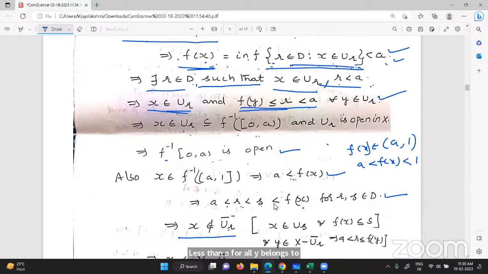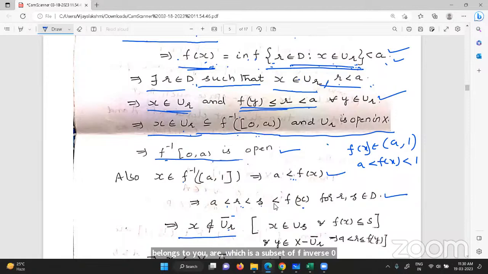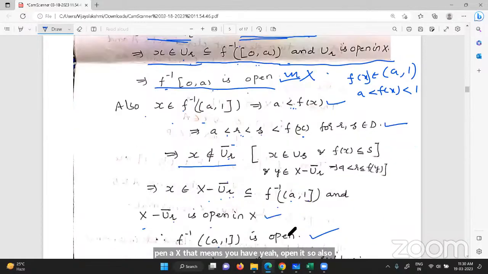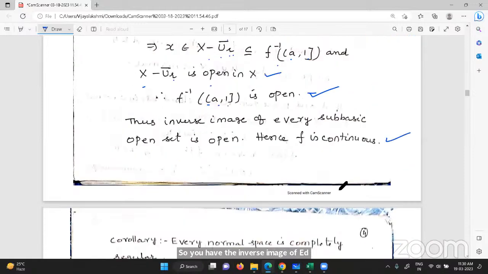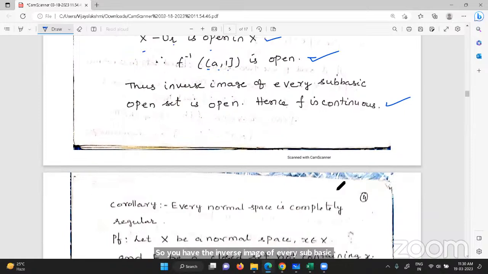So you have x belongs to U_r, which is a subset of f inverse (0, a), and U_r is open in X. That means f inverse (0, a) is open in X. Similarly, f inverse (a, 1) is also open in X. So the inverse image of every subbasic open set is open. Therefore f is continuous.